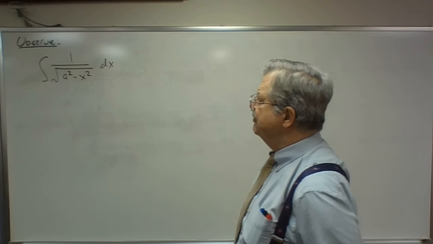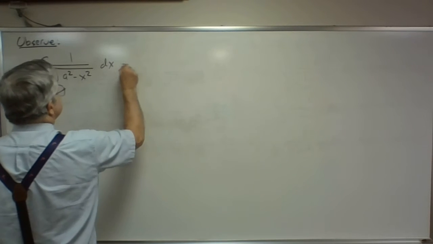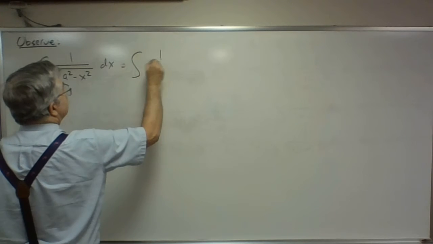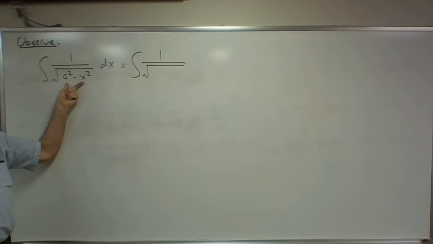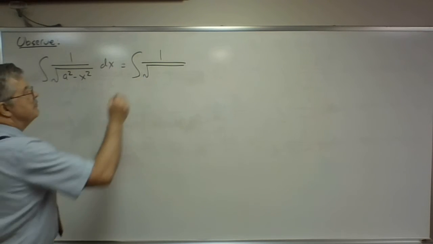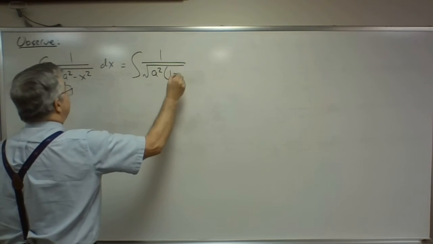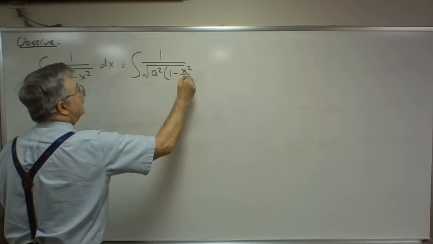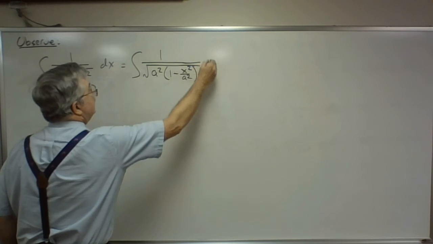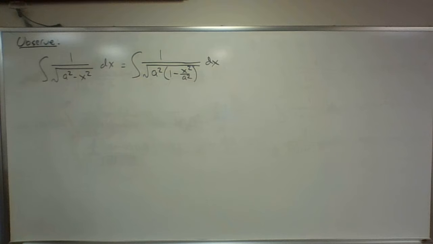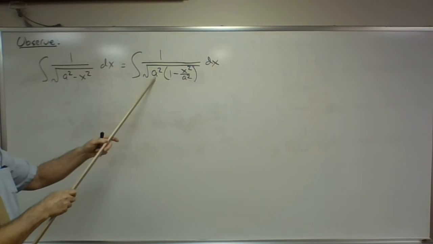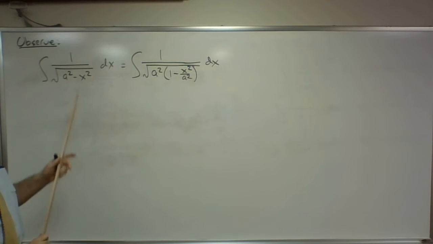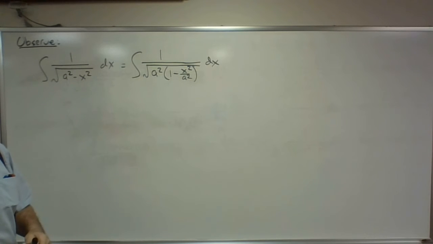Here's what I'm going to do first. I'm going to factor a squared out of both terms. Let me see, does this work? A squared times 1 is a squared. A squared times x squared over a squared is x squared.